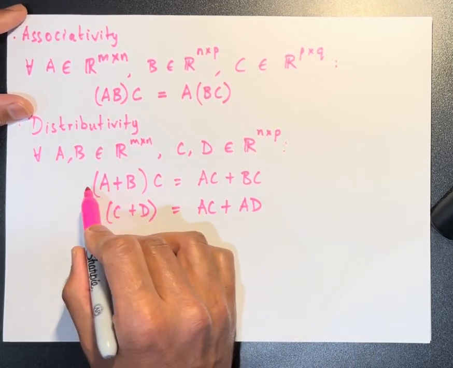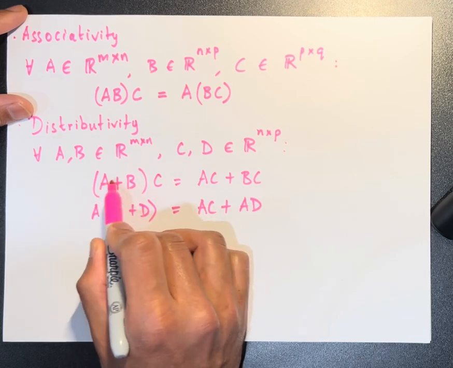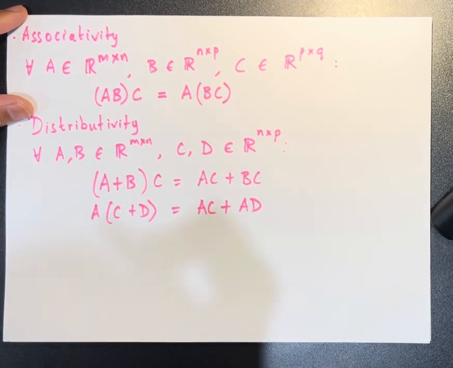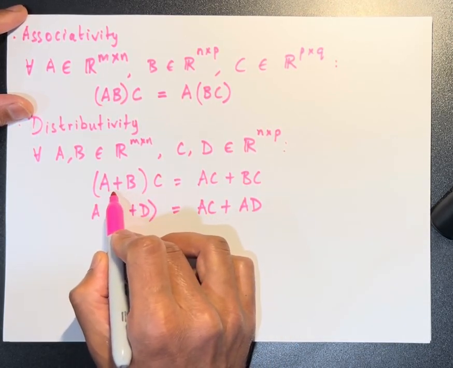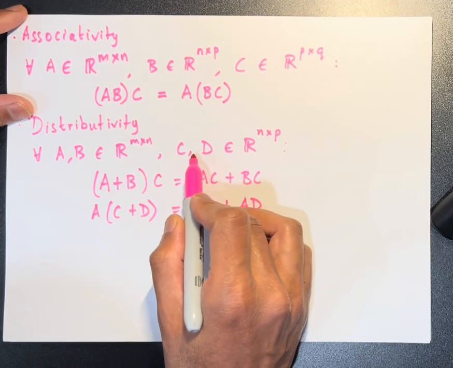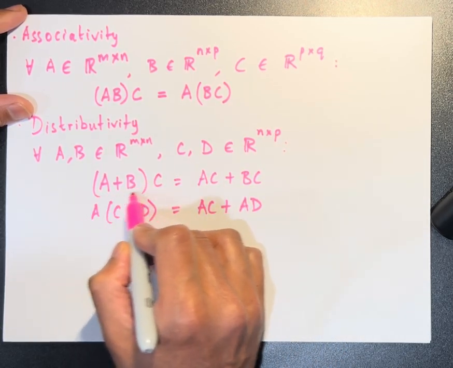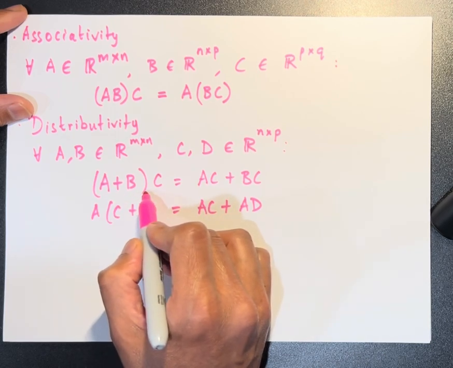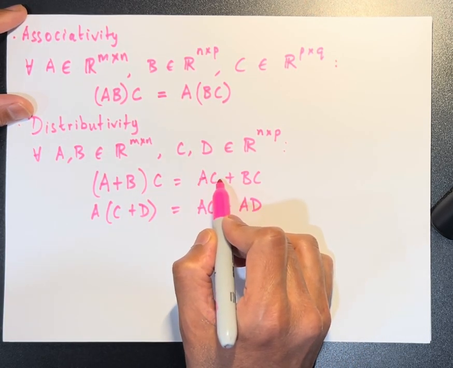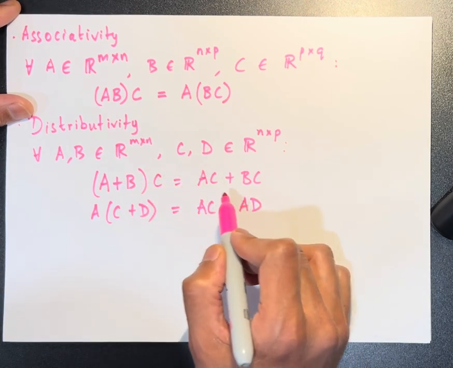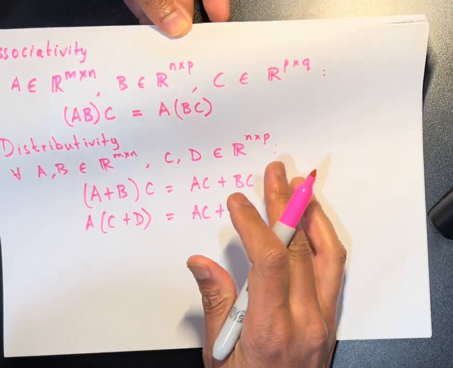When you add these two, you will get aij plus bij as the element here, and then you take that and you have the C matrix which is n by p. That's how you look at the ijth element here. And then you will prove that when you take A alone and multiply times C, that will become the dot product that we talked about in the previous lecture. So let me go back to that.